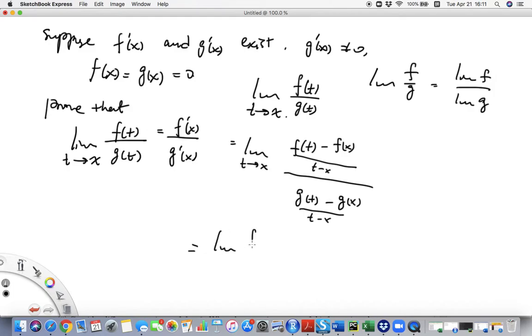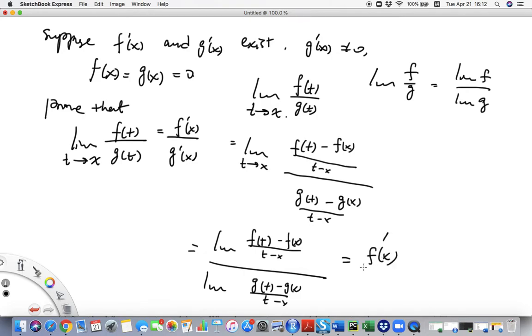So really, that's the limit of (f of t minus f of x over t minus x) over the limit of (g of t minus g of x over t minus x). But this is nothing but the derivative of f at x, right? So that's f prime of x, and the denominator is g prime of x. Okay, so we have proven L'Hopital's rule.